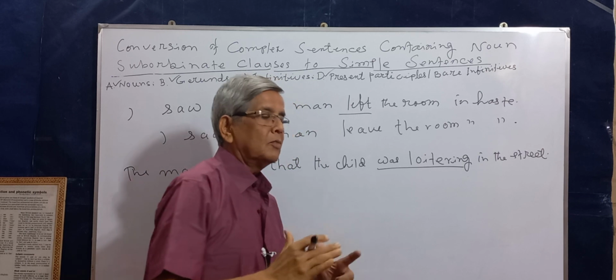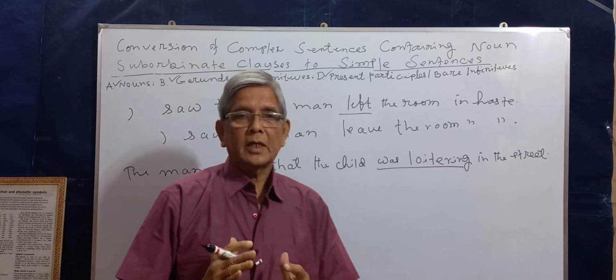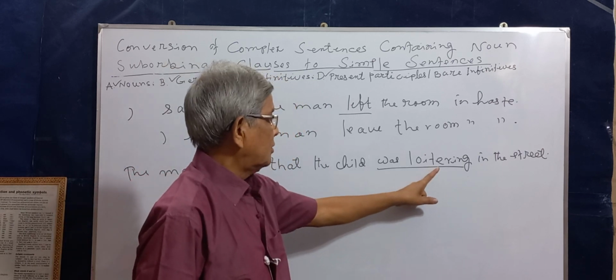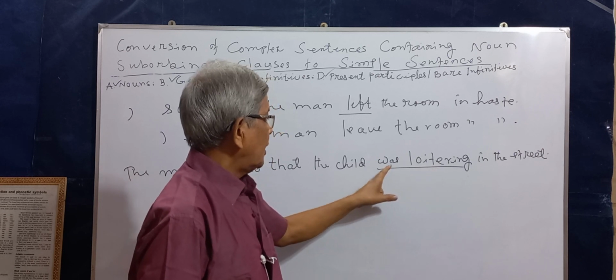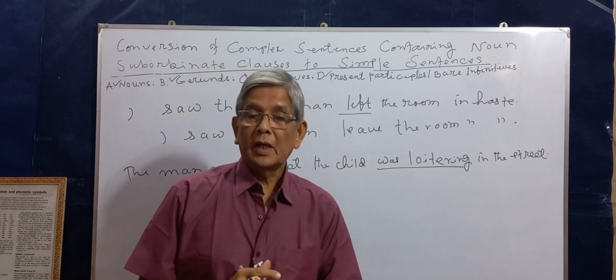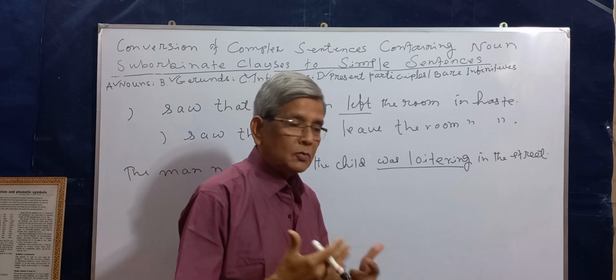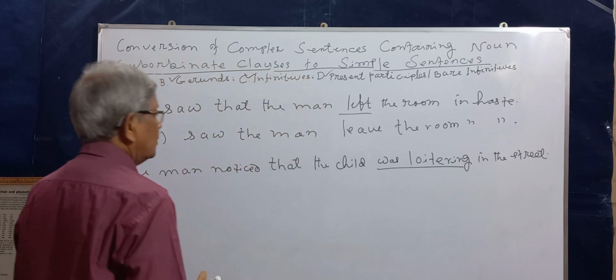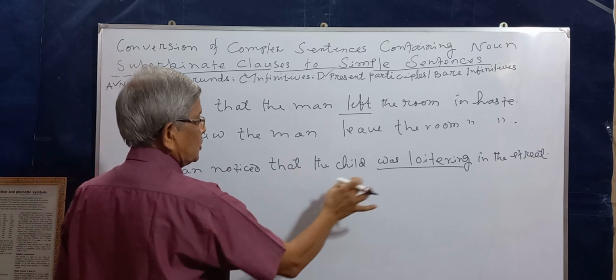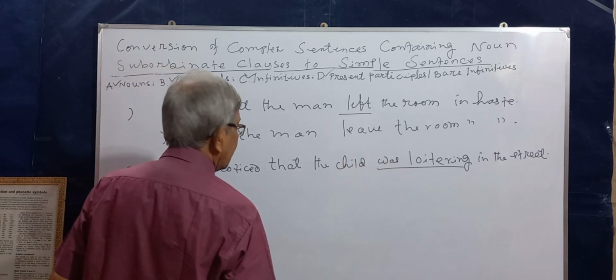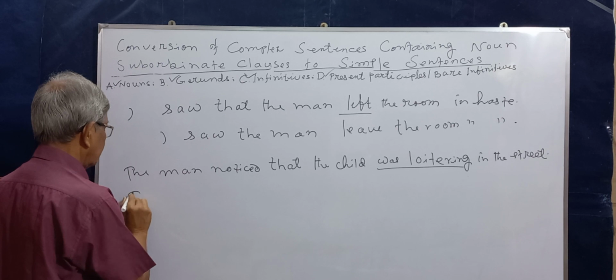We know that we form continuous tenses in the active voice by using the present participle along with the appropriate form of the helping verb to be, that is am, is, are, or was, were, etc. So simply drop the conjunction, drop the helping verb, you will get the correct simple sentence.